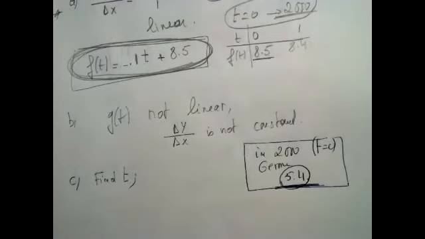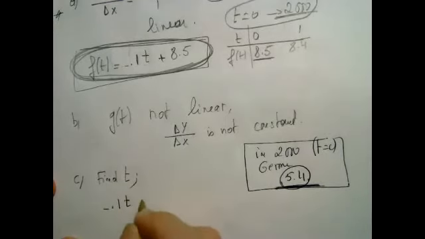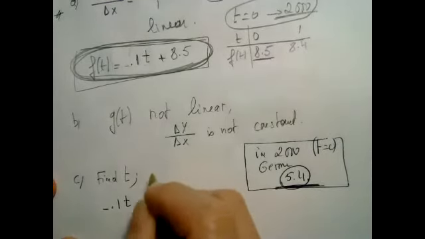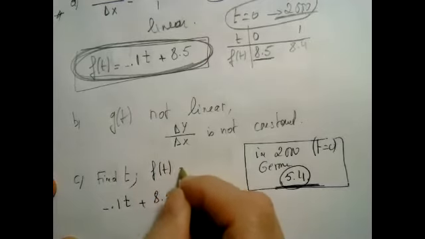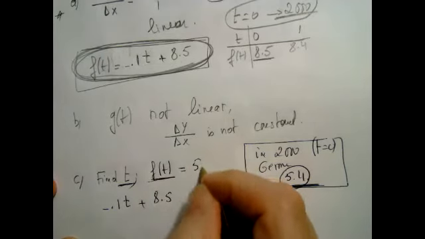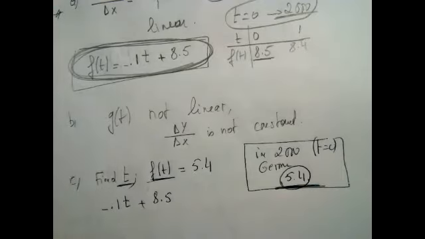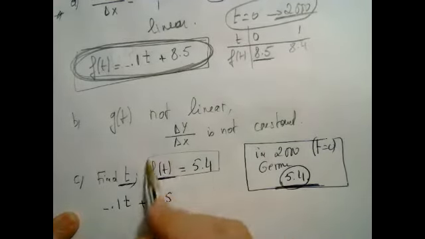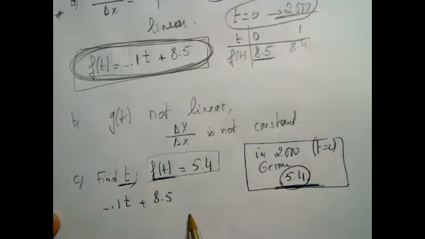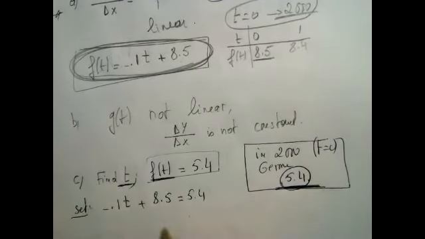It means I need to find the t when this f of t, which is the mortality rate in the United States, is equal to 5.4. That's exactly what I want. When our mortality rate will reach 5.4, it follows this formula. So I need to set this equal to 5.4 and solve for t.